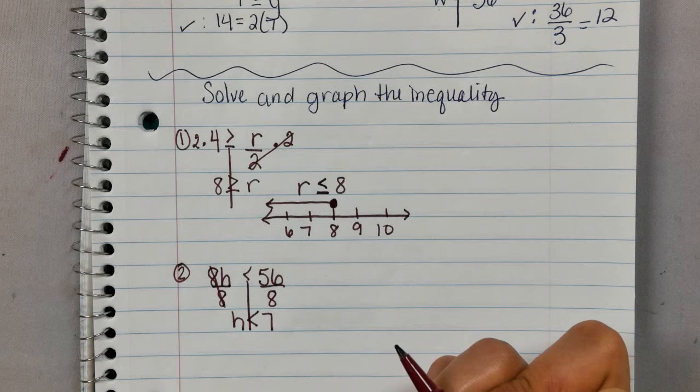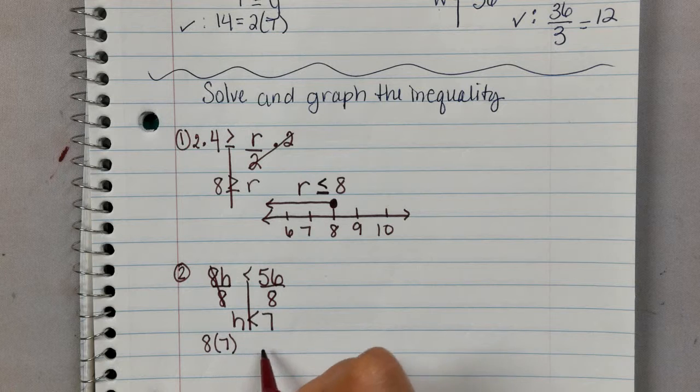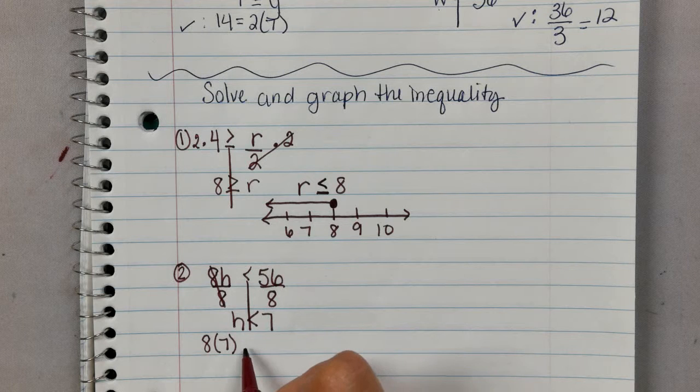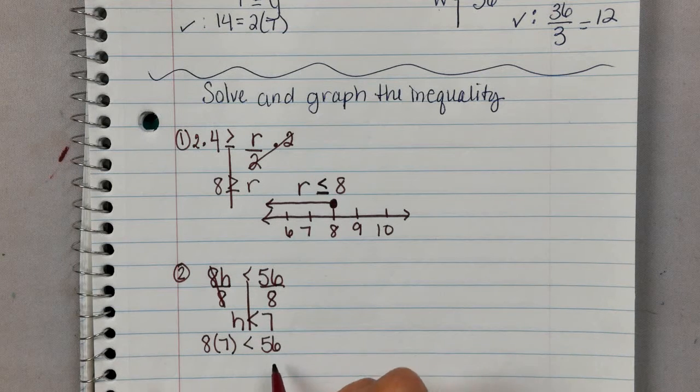Now the one thing you want to do that I didn't do up top, and I should have, is check it. So put that in there. Is 8 times 7 less than 56? No, so it means that it's not going to include 7, it's going to include anything below it.